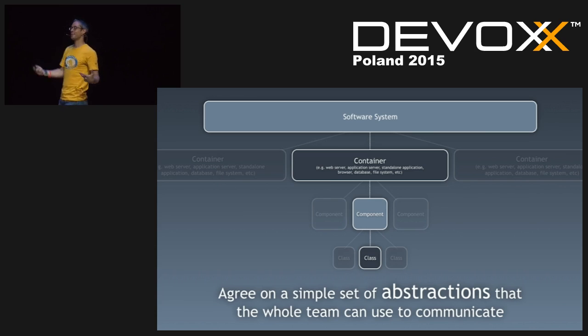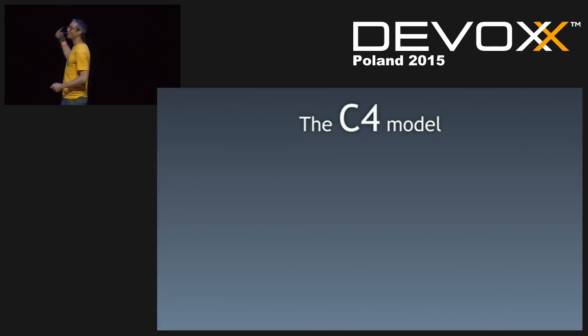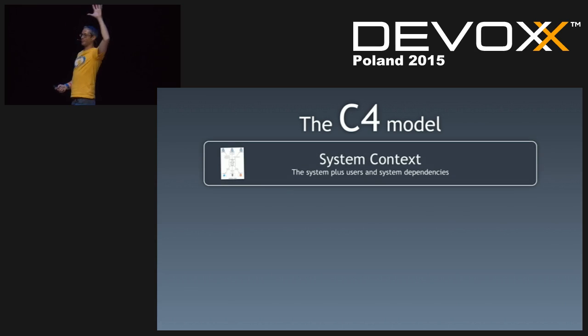With this kind of set of abstractions in mind, you can then draw a bunch of really, really simple pictures. So you can start out with the big picture and draw a context diagram. In other words, here's my system, and here's all the stuff around it. Do you remember during my quick introduction, I did the pinch to zoom in movement so you could see Jersey? It's the same thing.